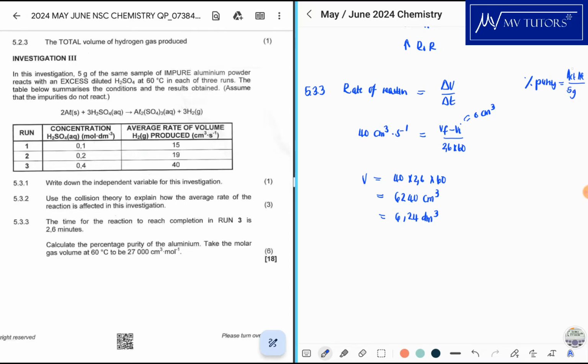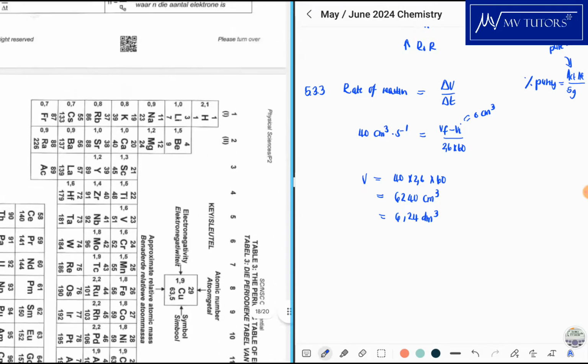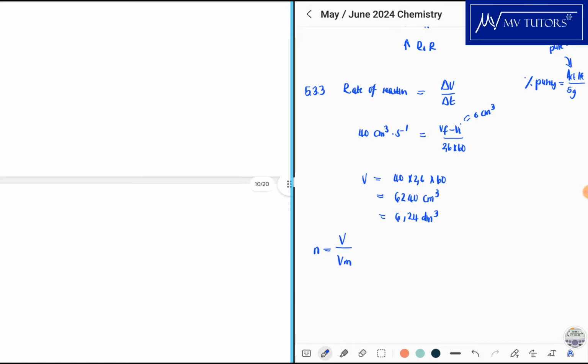So we're trying to get the actual mass of aluminium here, the pure mass of aluminium. If we have volume, and if we look at our equation here, that's the equation that we're going to use.